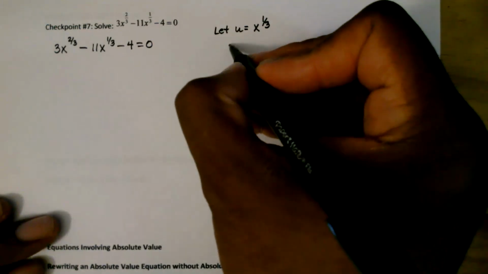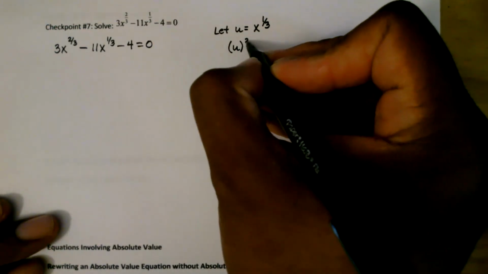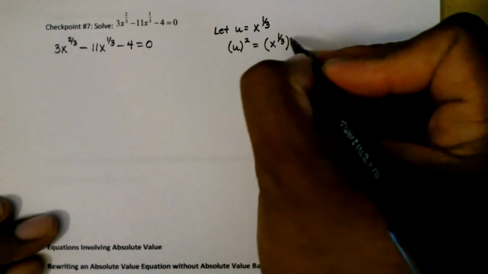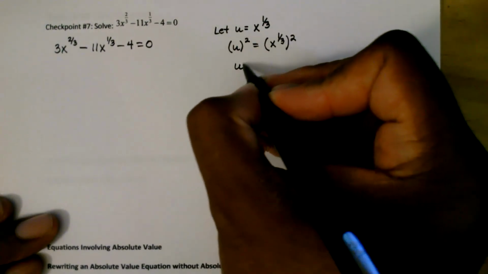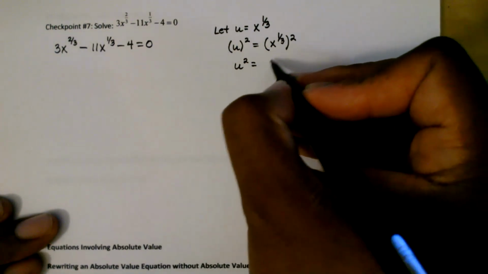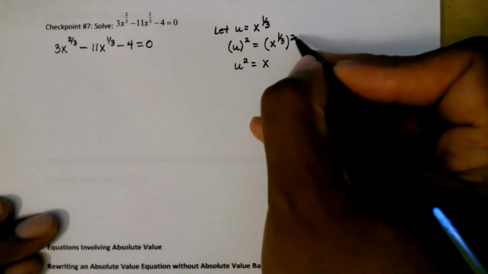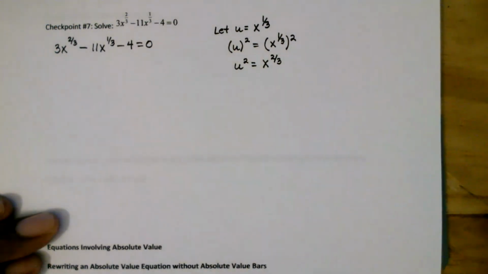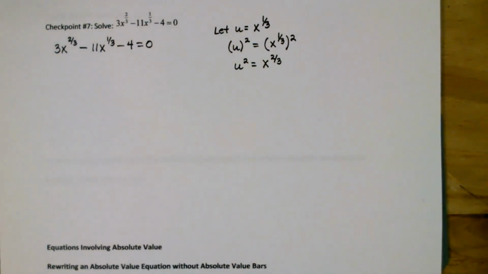Now, if I square both sides, that means if I square the u and square the x to the 1/3, this will be u squared, and this will be equal to x to the 1/3 times 2/1 would be 2/3. So now we can make our appropriate substitution.